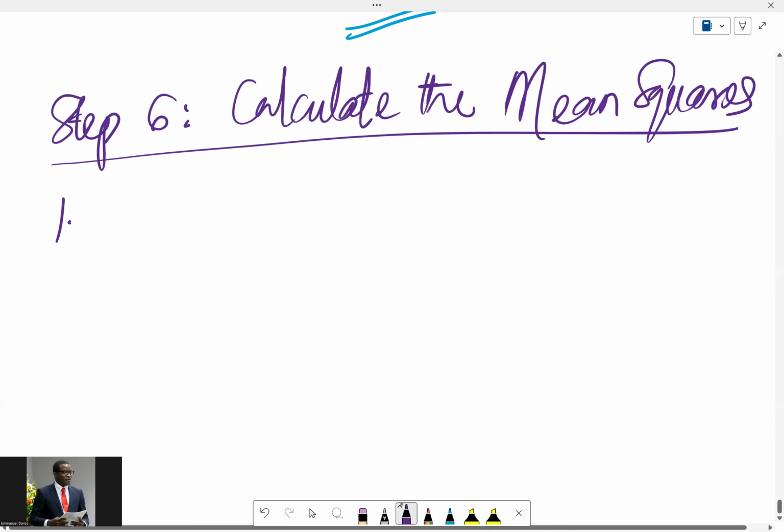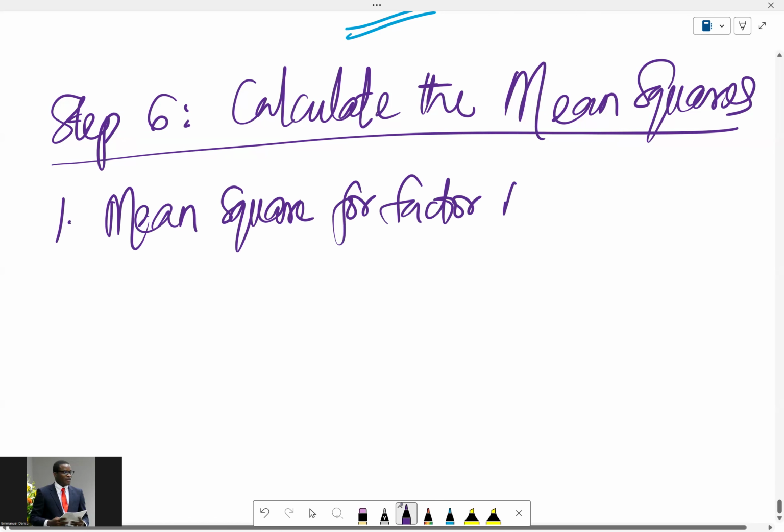So again, we have mean square for factor A, that is MSA.